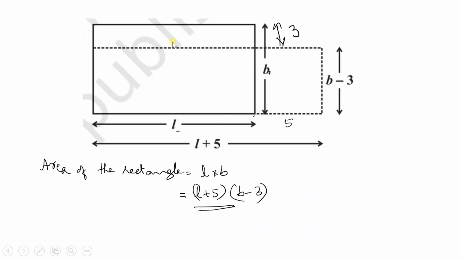Now this is the rectangle. What is the area of this rectangle? We know that the area of the rectangle is L into B, that is length into breadth.